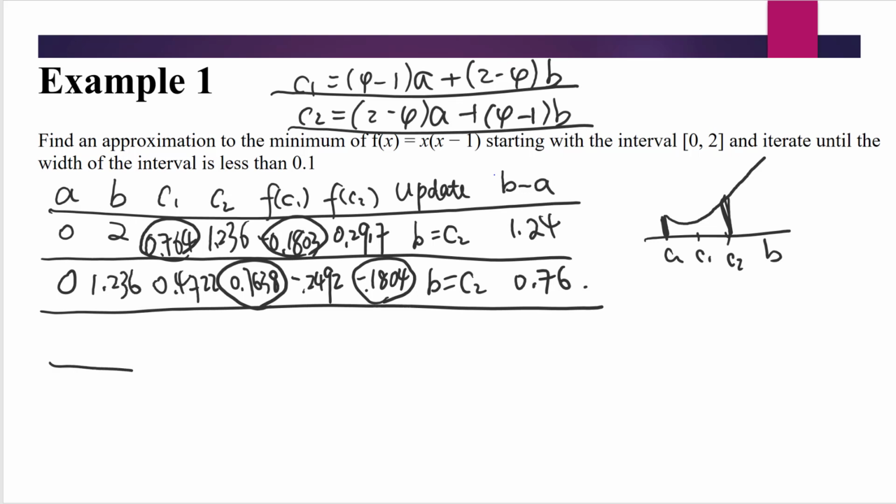So in the next iteration, we have 0 and B is updated by C2, which is 0.764. Let's call this iteration 4.